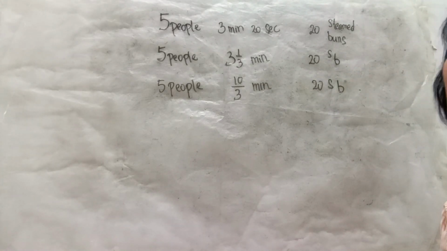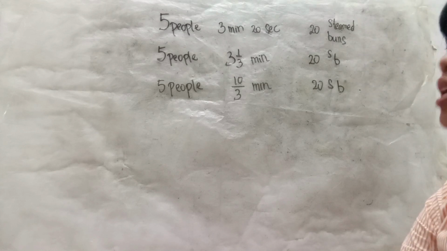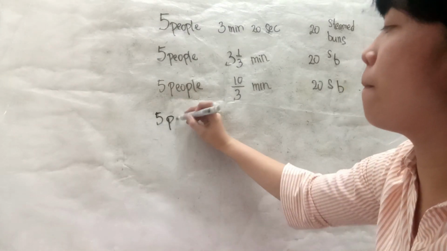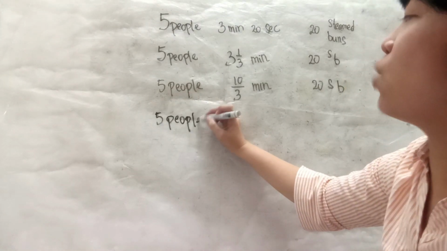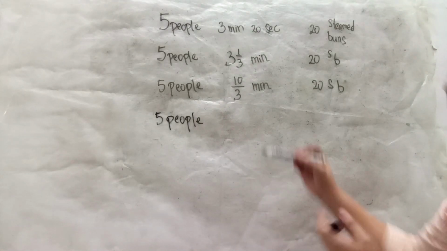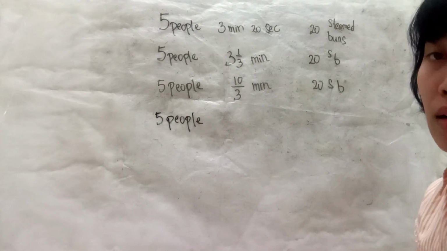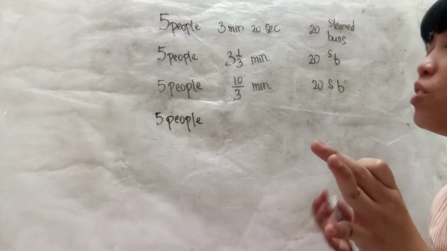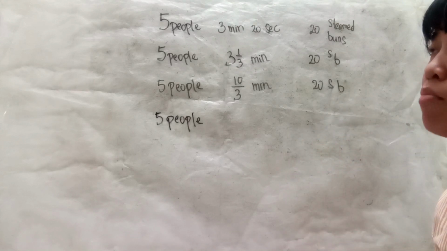So let's find for 1 minute. To make it easier, always try to find for 1. 5 people in 1 minute. So how to make 10 over 3 become 1? For example, 5: you divide 5 by how many to become 1?